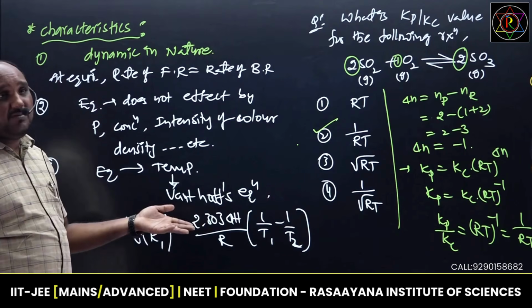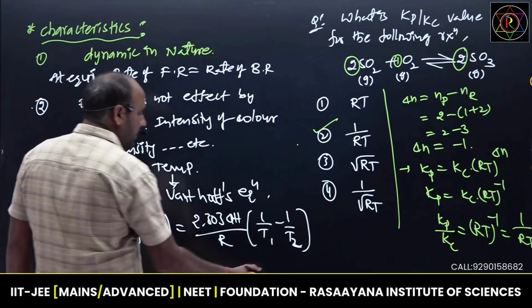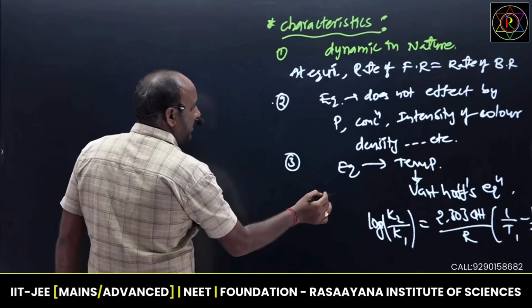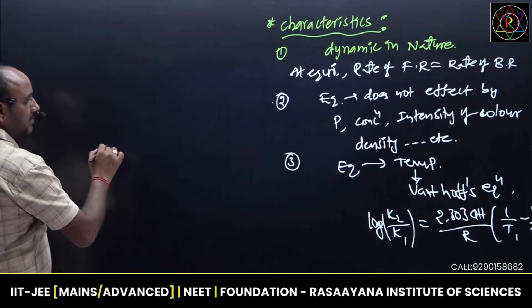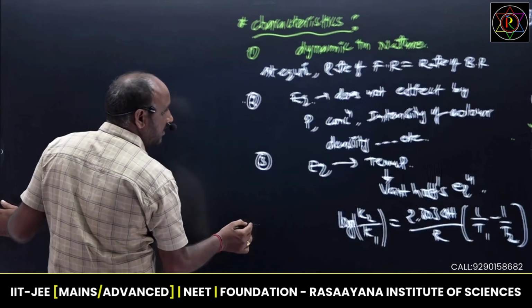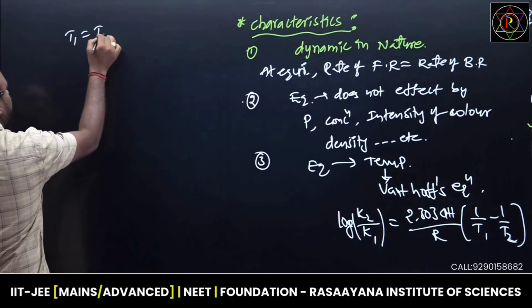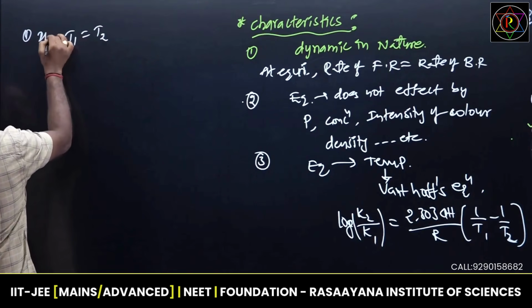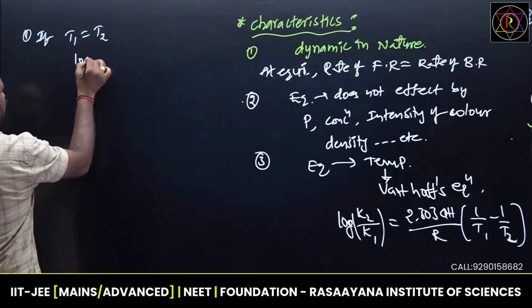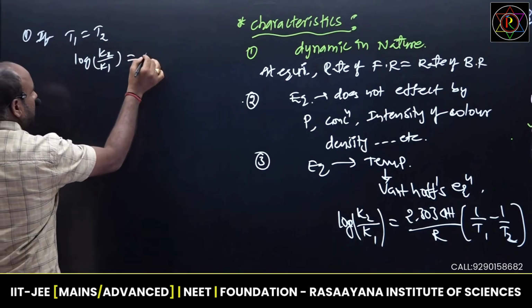If the temperatures are the same, that is T1 is equal to T2, then log of K2 by K1 is equal to 0.